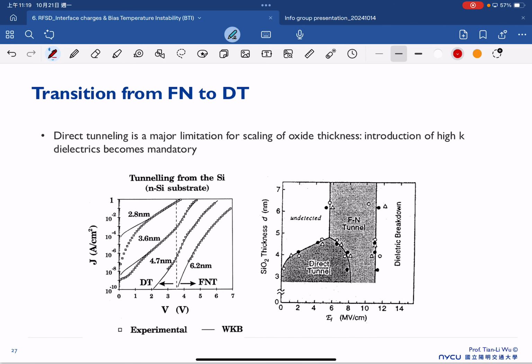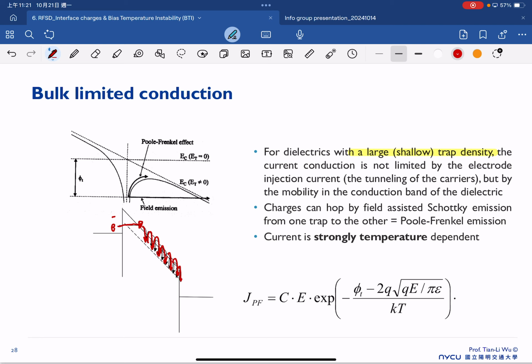So if we have huge defects in our dielectric here, then electrons inside here can start to move and jump to one shallow defect and jump to another shallow defect, and that causes this kind of tunneling to the other side.